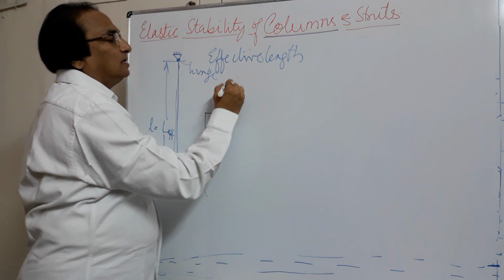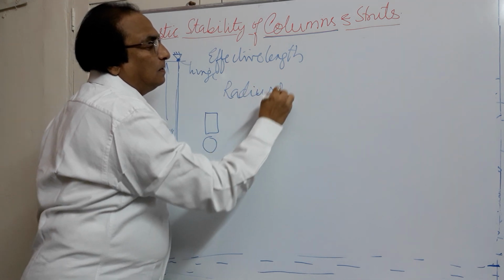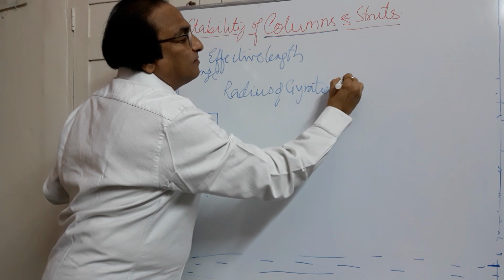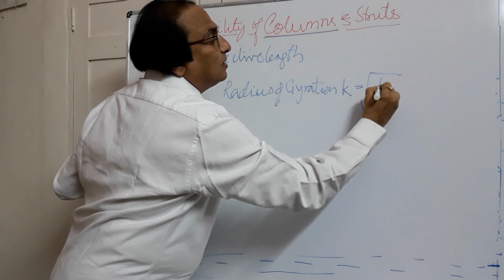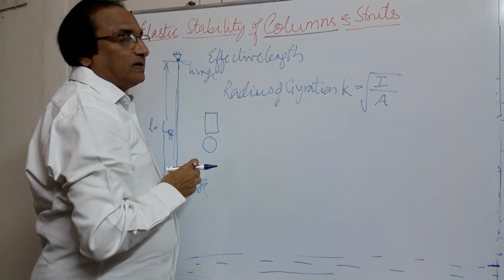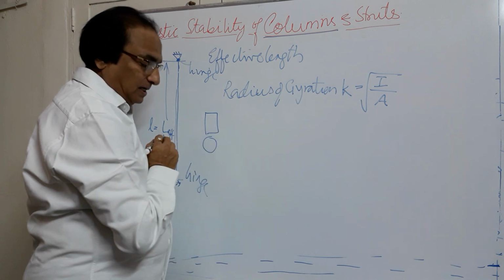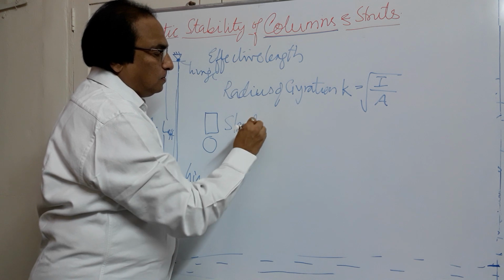We come across another term known as radius of gyration. Radius of gyration, we abbreviate it as K. It is defined by K equals under root I by A. Likewise, we have another definition here, slenderness ratio.